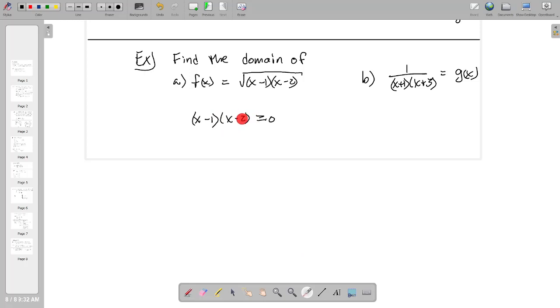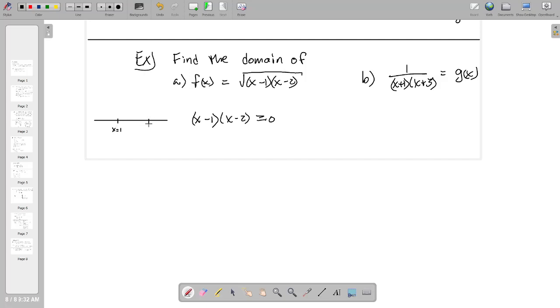This is going to be our domain. Whenever this product is positive or equal to 0, it's within our domain. So this problem reduces to a chapter 1 problem. We look for the values for which x minus 1 and x minus 2 are equal to 0 so that we can divide up our region.